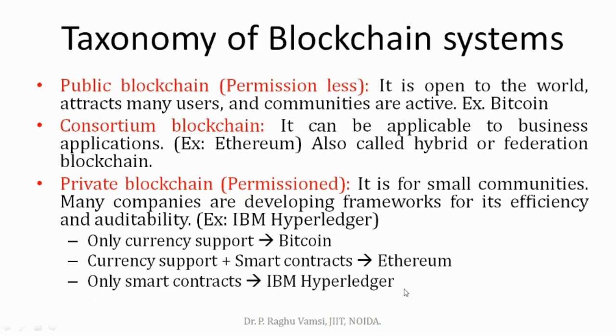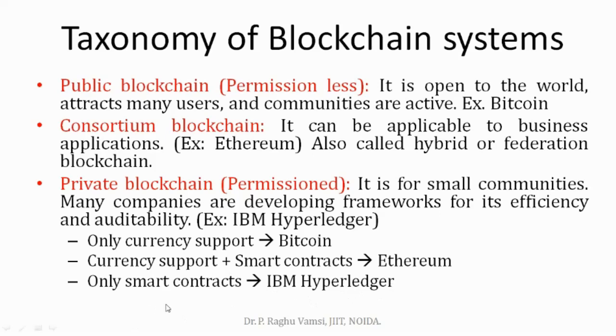I hope by this time it is clear. If you require cryptocurrency and smart contracts, you learn Ethereum. If you want to learn only cryptocurrency development, then understand Bitcoin. If you don't want cryptocurrency and are only focusing on business applications, especially smart contracts, then IBM Hyperledger. What is the meaning of this?